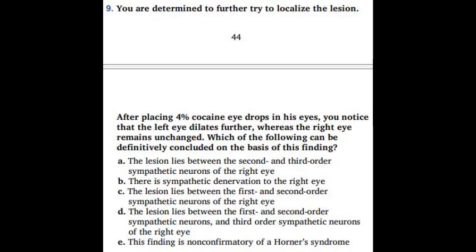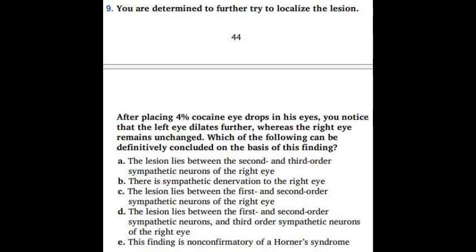If the right eye does not react when you put that cocaine, that means that there is actually Horner syndrome. But this test does not tell us whether it is a first order, second order, or third order neuron lesion. It just tells us that there is actually Horner syndrome.